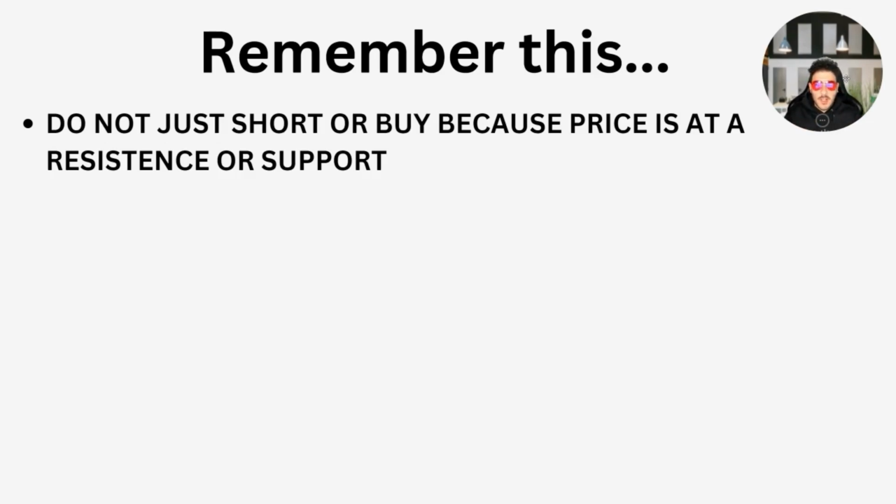Make sure that's in line with an overall structural play. Make sure that the sell or the resistance point is lining up with structure, maybe with a liquidity pool to the downside. Make sure there's more to the idea of the trade than just, hey, it's at a resistance, I'm going to short here, or it's at a support and I'm going to buy here. Don't fall into that trap. That is one of the biggest mistakes most people make.